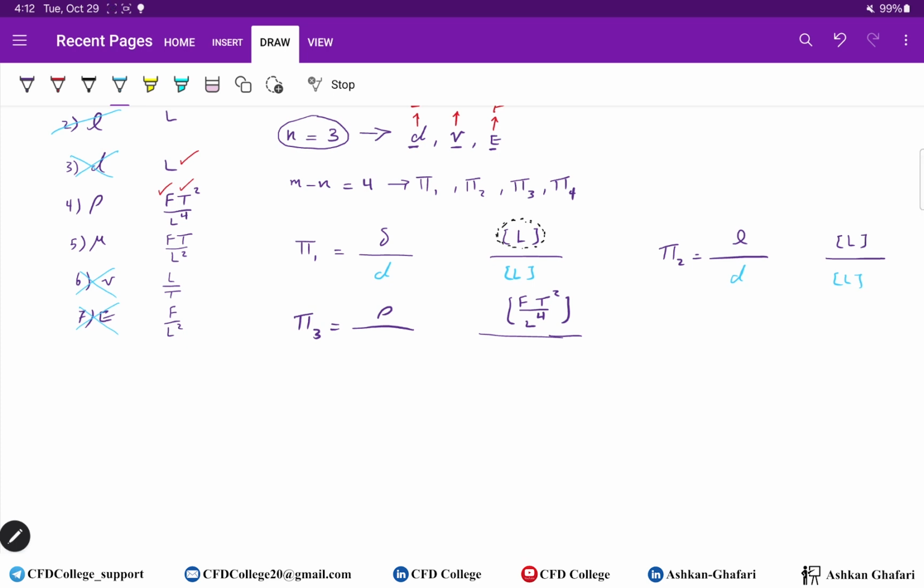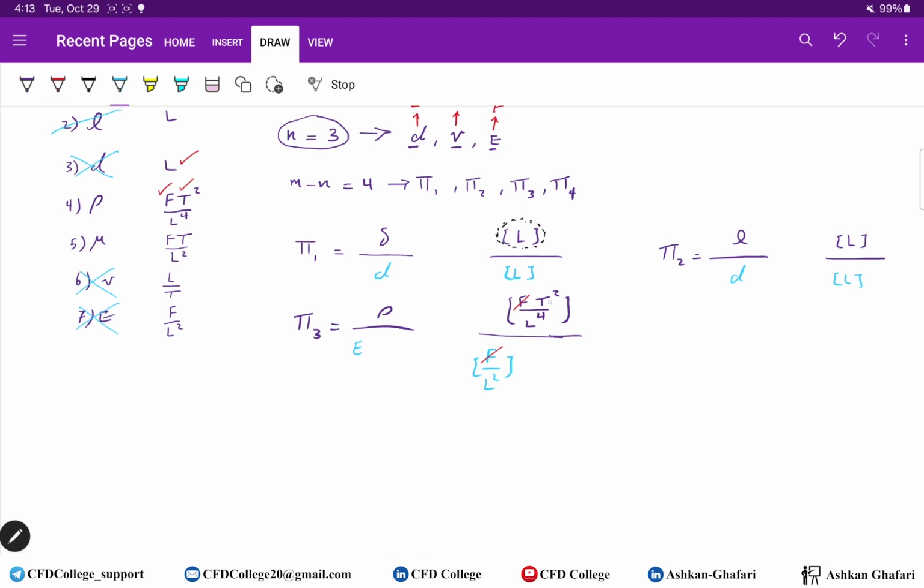We start from F because F is only in E. So to cancel this F, I need another force here. So F over L2 should be here. It means that we should have E in the denominator. Now this F is gone. We have L2 here and T2.